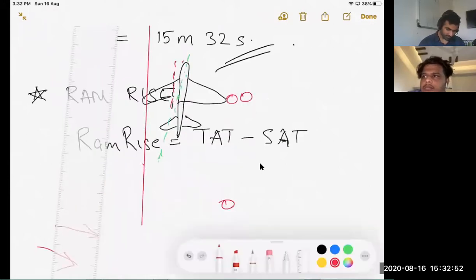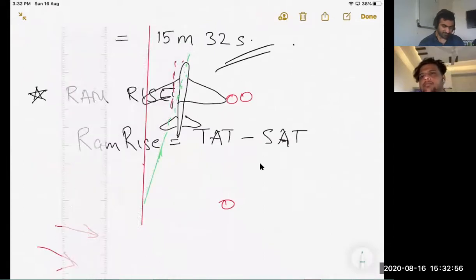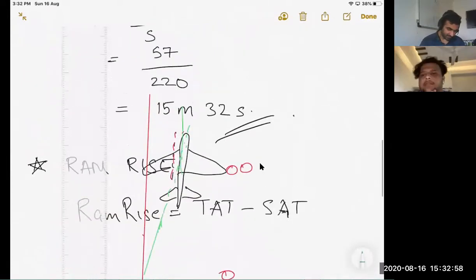But because of the drift, and drift is the angular difference between the aircraft heading and the track made good, he ends up elsewhere. You could say that track made good.